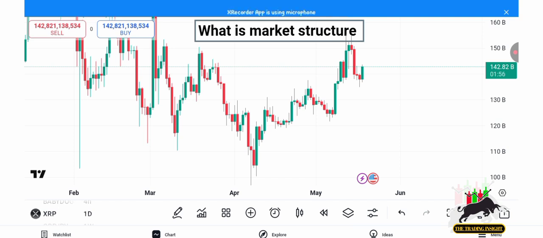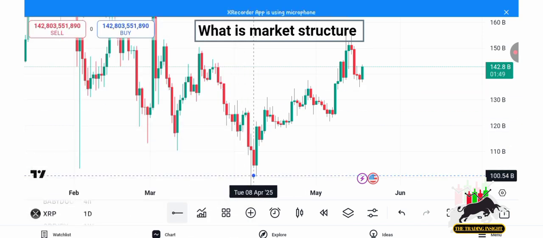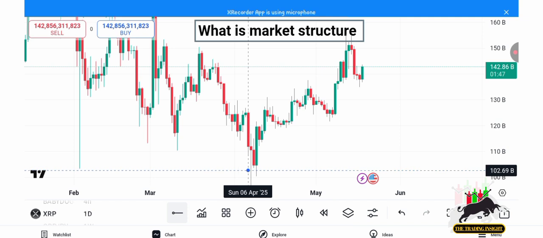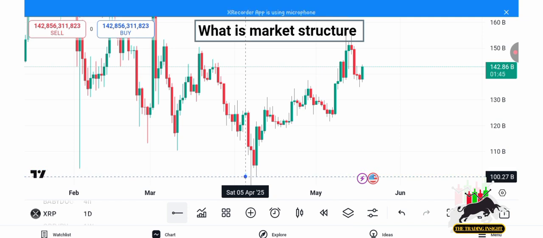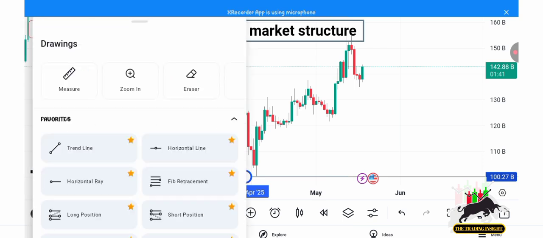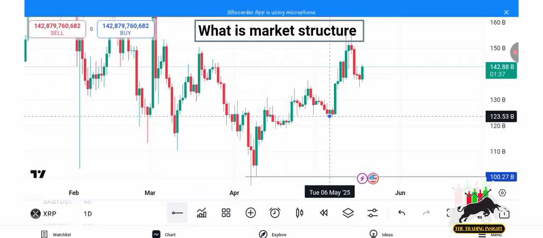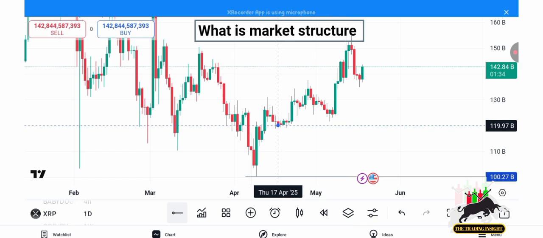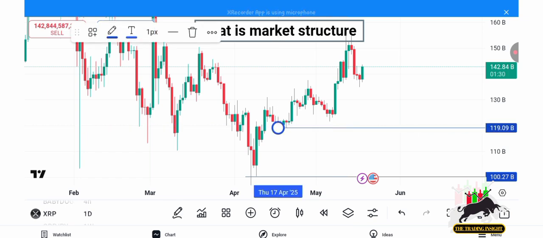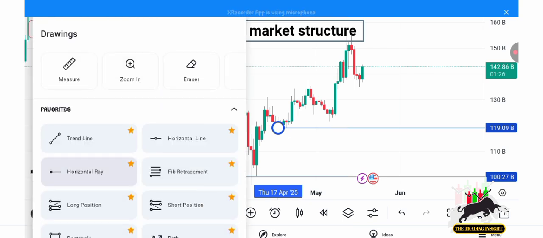Right now I'm going to be drawing highs and lows, because we will need this later as we keep going. Now this is a low. This trade was on a downtrend before changing to an uptrend. So this is the last low before it changed to an uptrend, and then this is another low, and then this is also a low.